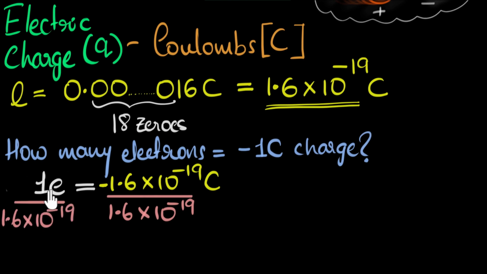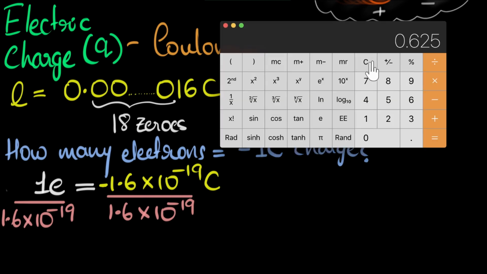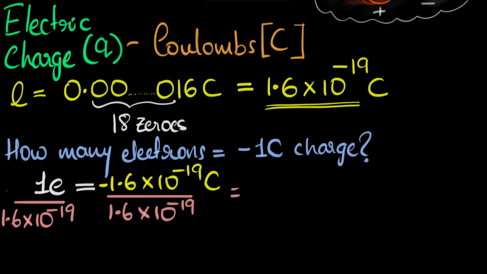So on the left-hand side, we have 1 divided by 1.6. Let's bring in my calculator and see what that gives me. So it'll be 1 divided by 1.6. That will be 0.625. So that will be, on the left-hand side, 0.625, that's 1 divided by 1.6, and this will become times 10 to the power plus 19.